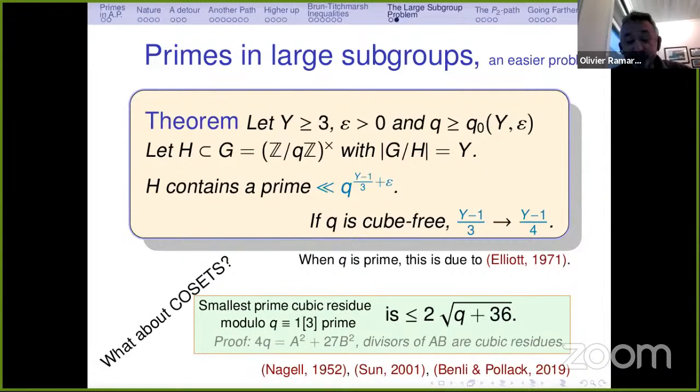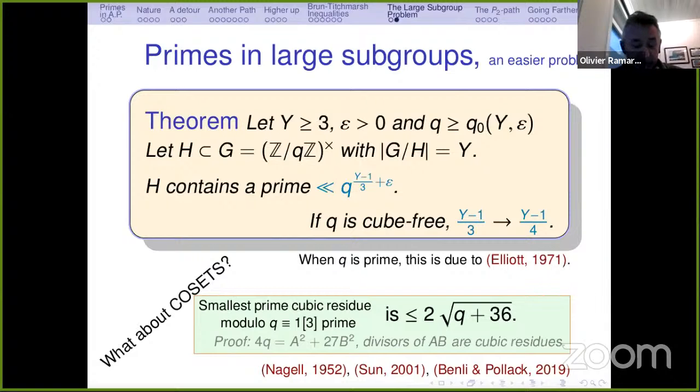Then you can write 4p as being a square plus 27b square. And the incredible find of Nagel is that any prime divisor of ab is a cubic residue. So you see, if you use algebraic number theory, you get much better results. You can even get an example: get a square, get b square, and then you'll get a prime.